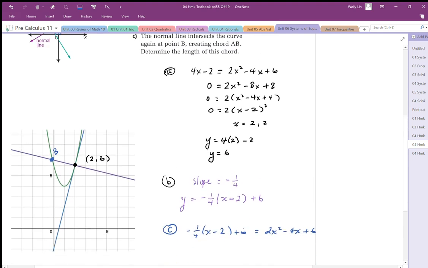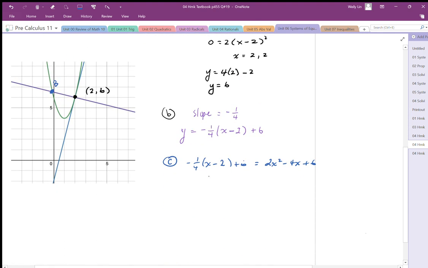Just double checking that that's the correct one. And then we're going to expand this out, so negative 1 over 4x plus 1/2 plus 6 is equal to 2x squared minus 4x plus 6. Get rid of some of these terms.